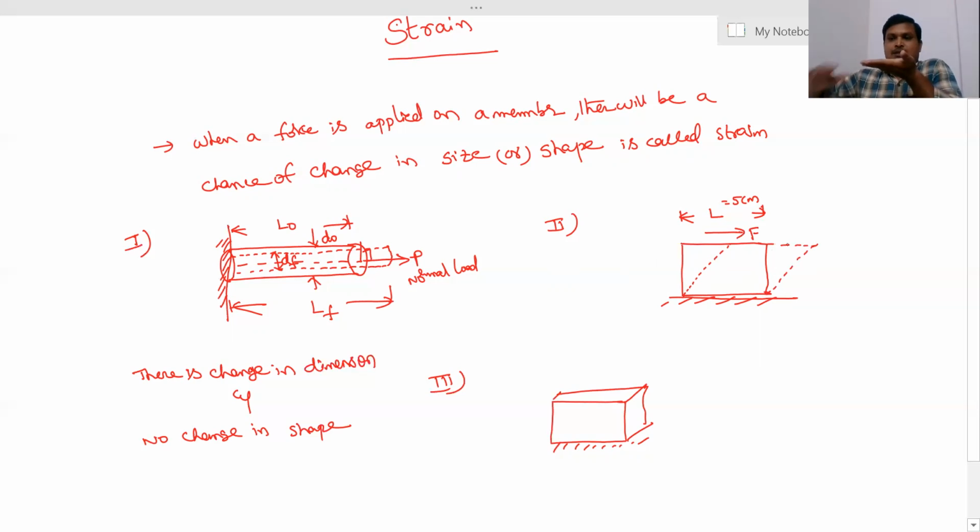So applying this causes sliding. After you calculate the length, the length will not change, since the length is the same before and after applying the load. This is the original length, and this is the final length. Even if you apply the tangential force, the dimension is not changing, but there is a change in shape with respect to angle.